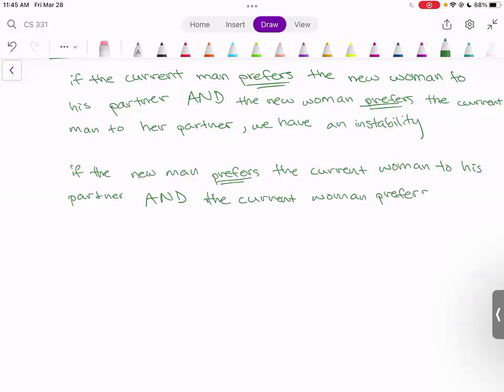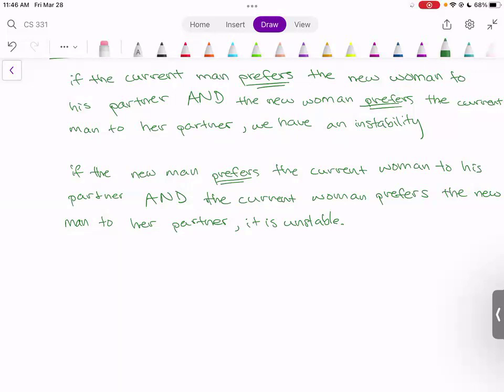Because he can prefer her, but she doesn't want him, prefers the new man to her partner. It is unstable. Okay, great.